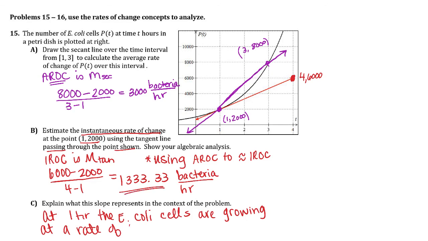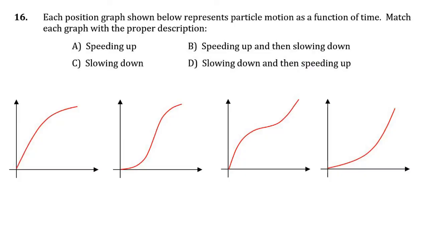So it's got a rate of 1,333.33 cells, or it was bacteria, but we can say cells per hour. So we can use the slope of that tangent line to approximate and narrow down a rate of change at a precise instance. Okay, let's look at one more example here.